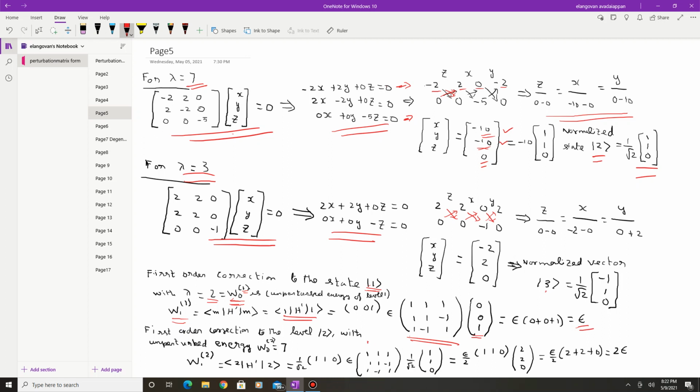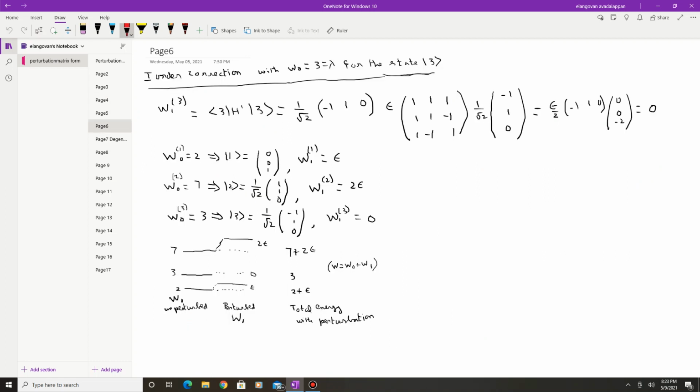So for the level 2, the unperturbed energy level already calculated is 7. W12, the first order correction in the level 2, is bra 2 H prime ket 2. So you substitute the value of the state, bra 2 H prime ket 2. Once you evaluate, this value is calculated as 2 epsilon. So 2 epsilon is the first order correction energy for the level 2.